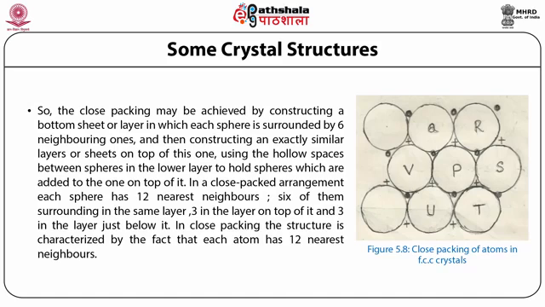In a close packed arrangement, each sphere has 12 nearest neighbors, 6 of them surrounding in the same layer, 3 in the layer on top of it, and 3 in the layer just below it. In close packing, the structure is characterized by the fact that each atom has 12 nearest neighbors.